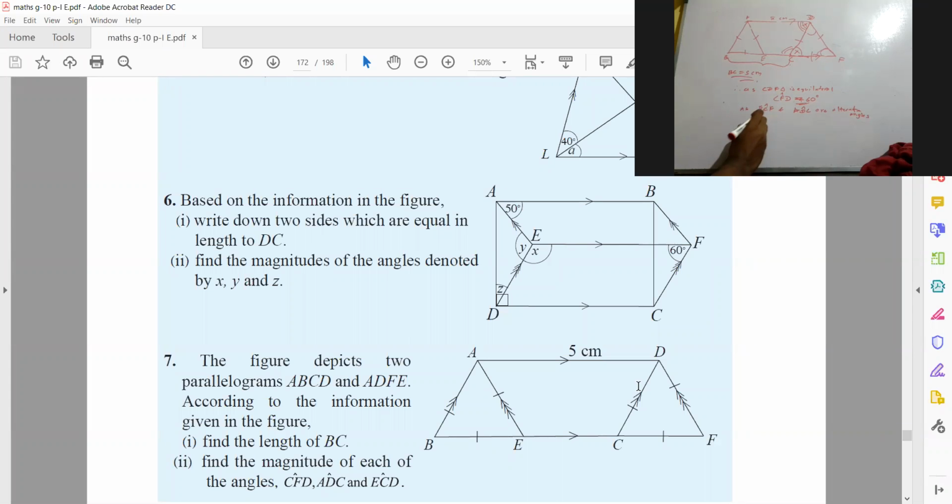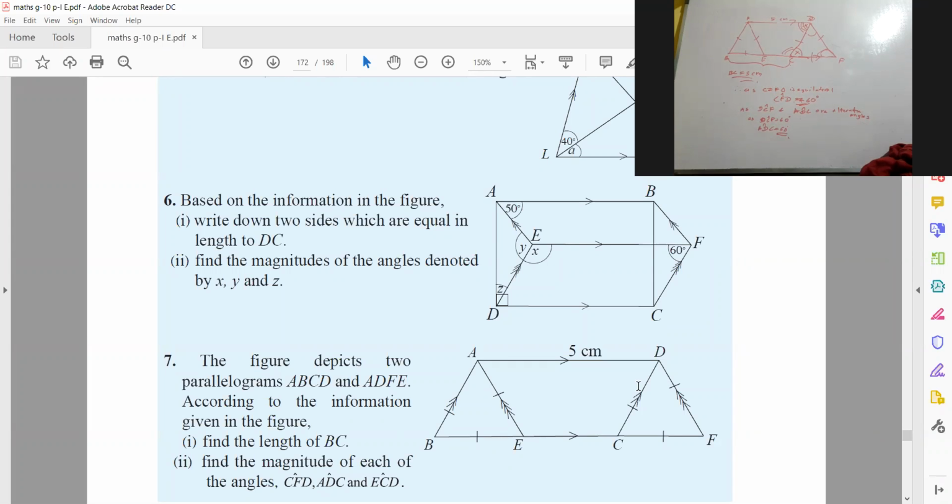Therefore, as CDCF is equal to 60 degrees, the angle ADC is also equal to 60 degrees, right?